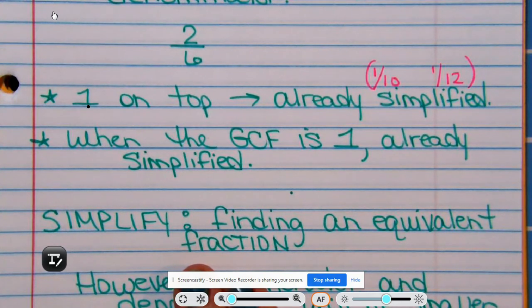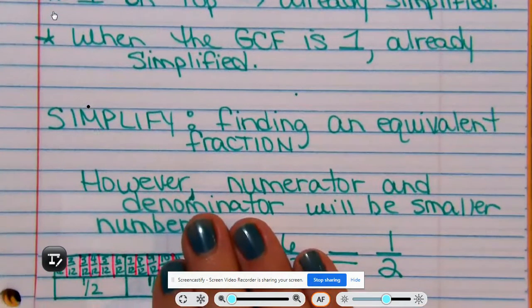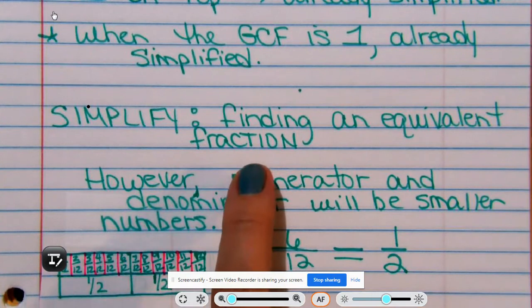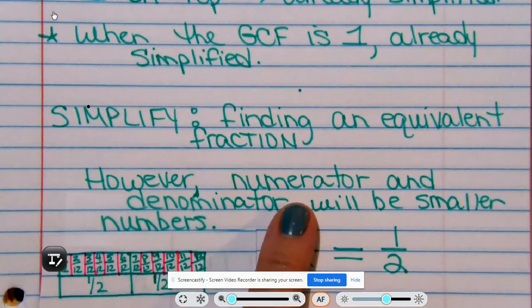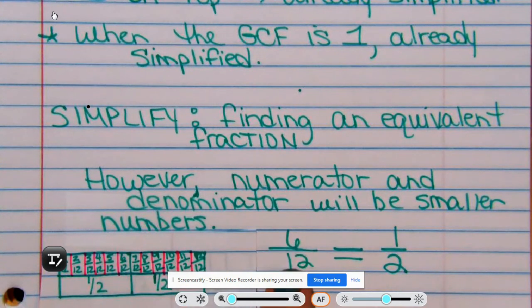But instead of multiplying the numerator and denominator by the same number or by a fraction that's equal to 1 whole, we're going to be dividing the numerator and denominator by a fraction that's equal to 1 whole or by the same number. So remember that you're finding an equivalent fraction. However, your numerator and denominator will be a smaller number. So both of your numbers are going to get smaller.